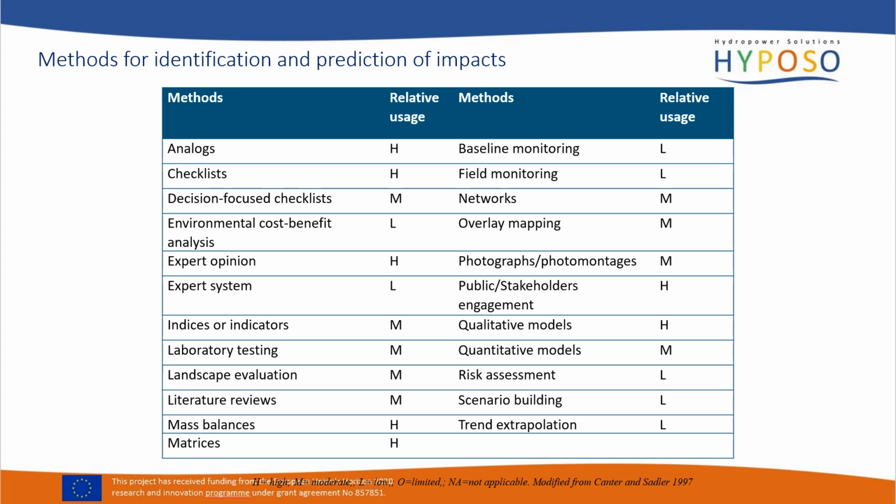Others rely on laboratory tests, but one of the main tools that is used now is GIS for hydrology, hydrological models. There are different methods to estimate environmental flows. So the variety of methods is as diverse as the components that might be affected.